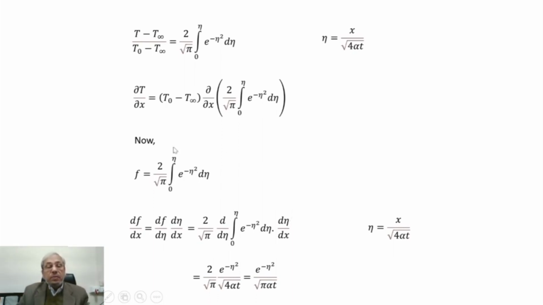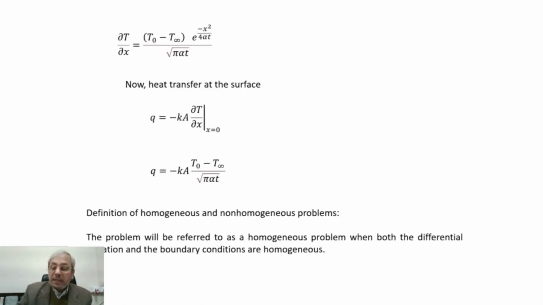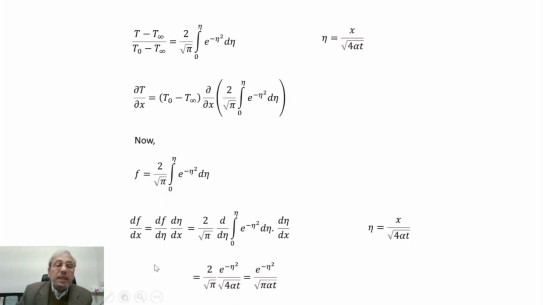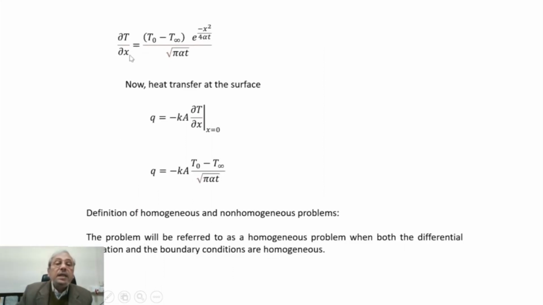So finally we can write df/dx equal to 2 by root π e to the power minus η² by root over 4αt, or e to the power minus η² divided by root over παt. Then ∂T/∂x is basically ∂T/∂f into ∂f/∂x, and ∂T/∂x.